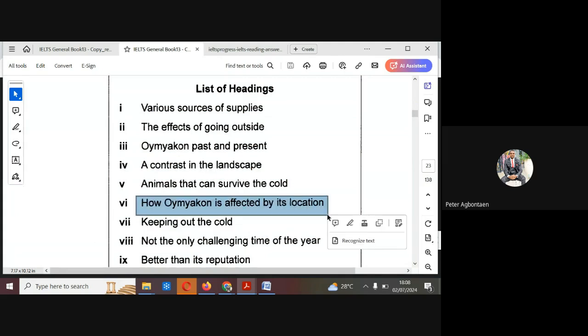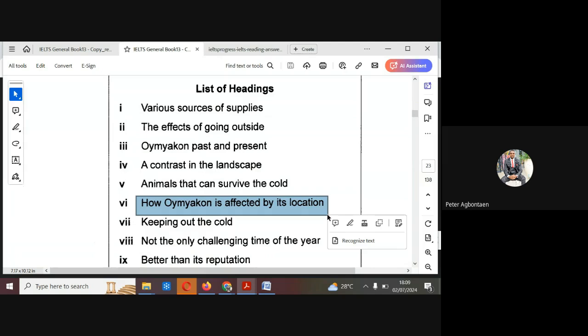Now, if you look at it, you can think that it may mean the consequences that Oyemakon's location has on Oyemakon. That is, what happens in this town, just because of where Oyemakon is located on the globe. So, how Oyemakon's location affects it.